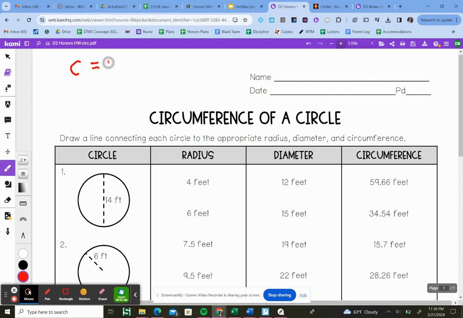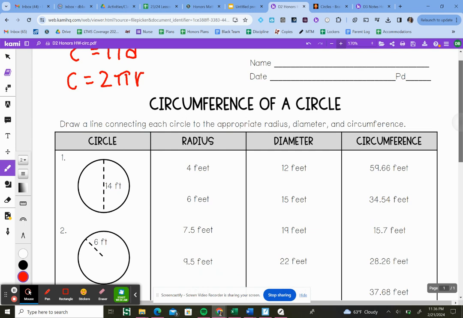C equals pi d. Circumference equals pi times diameter. And C equals 2 pi r. Circumference equals 2 times pi times the radius. Also, you're going to get these formulas on your quiz and your test and the STAR test, so you're not going to have to memorize them, so don't worry about that.